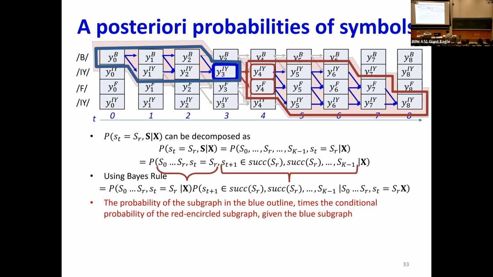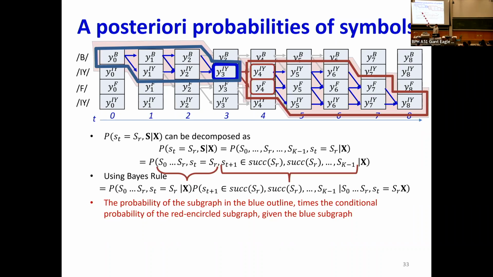So this is like the probability of aligning B to the input sequence that ends at time 3, and the probability of aligning EFE to everything else, given that the initial portion was aligned to B, right? So you can see how this pink graph can be decomposed into the blue graph and the red graph.